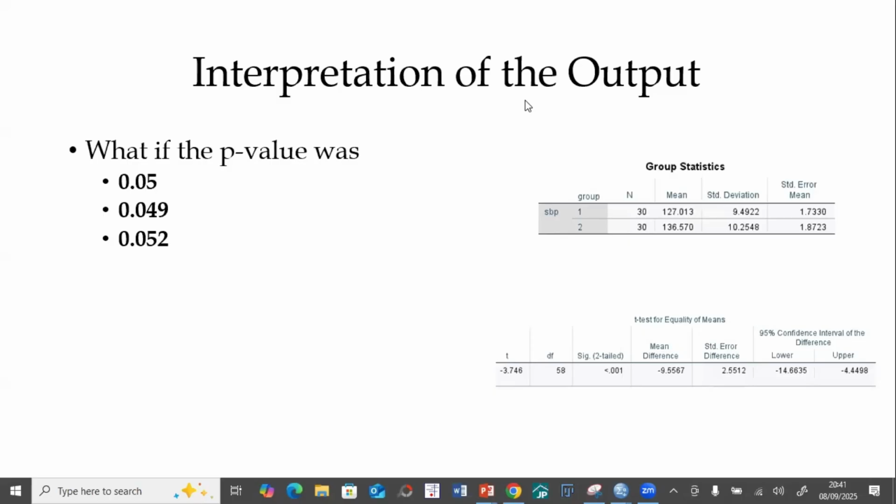P-value should just be interpreted as is. Okay. Question is, what if the output p-value was 0.05? I mean, it's exactly the same level as the alpha or the threshold. Not more, not less. Exactly the same. Would you consider these results as significant or not? Anyone?